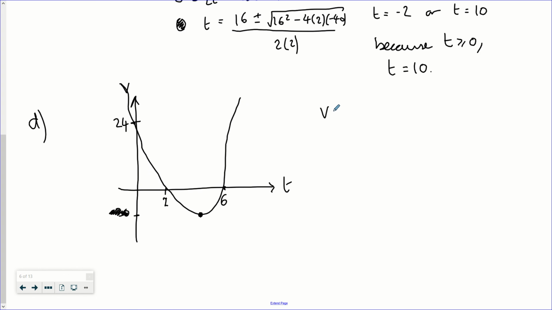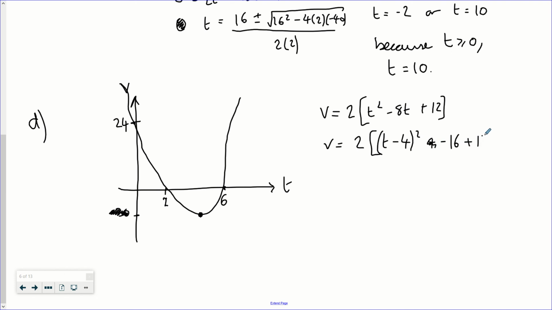So if we complete the square, we're going to take out a factor of 2 first because we don't like that coefficient of 2, and I'm going to take that outside of a square bracket. So we're going to have t squared minus 8t plus 12 inside the square bracket, and then we just need to complete the square inside that square bracket. So if we do that, we're going to have t minus 4 squared and plus 6, minus 16 and then plus 12.